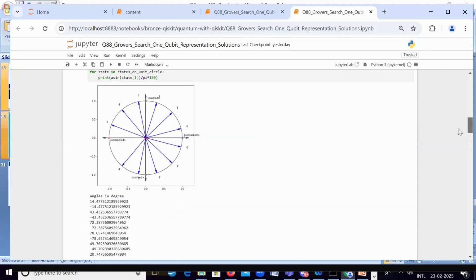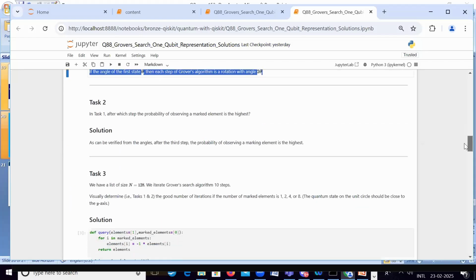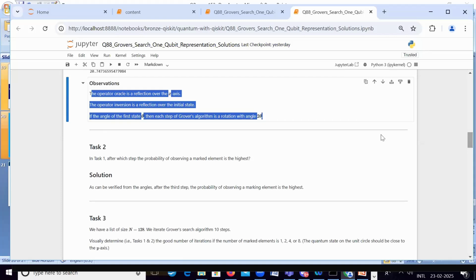So here the initial state is 0, and there are different iterations. It has been moving through the first, second, third, fourth, fifth, up to 5 here, and then it goes over the initial state. If the angle of the first state is theta, then each step of the Grover algorithm is a rotation by angle 2 theta.